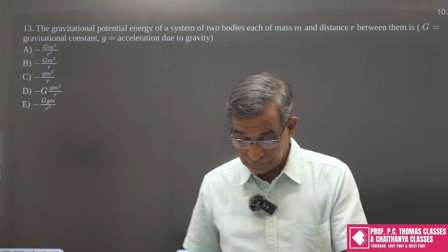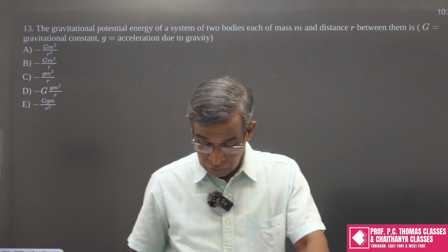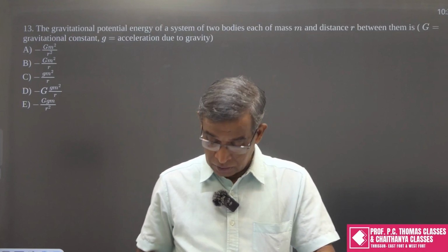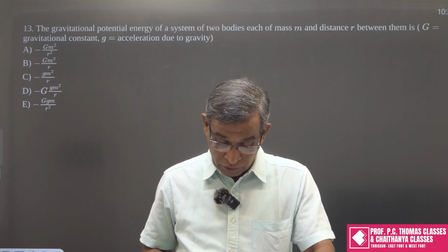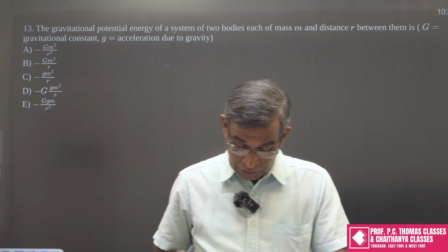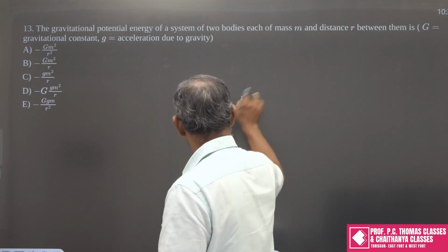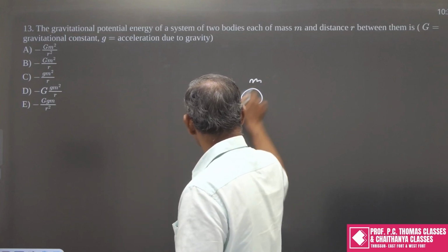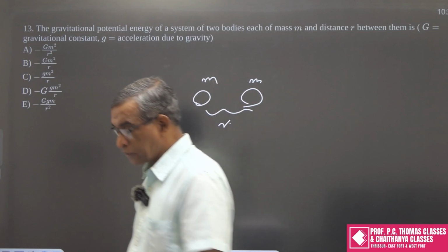Next question. The gravitational potential energy of a system of two bodies, each of mass m, at a distance r between them, is asked, with G the gravitational constant and small g the acceleration due to gravity. What is the mutual gravitational potential energy between them?